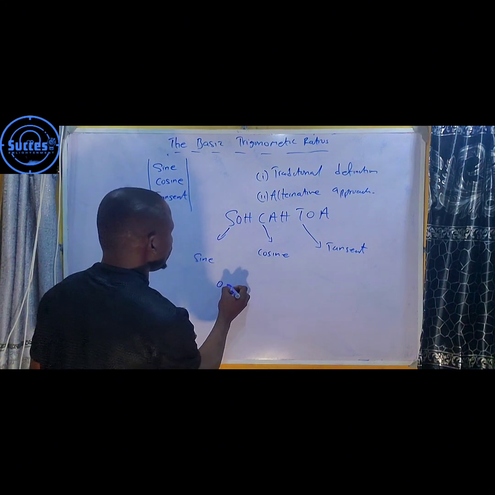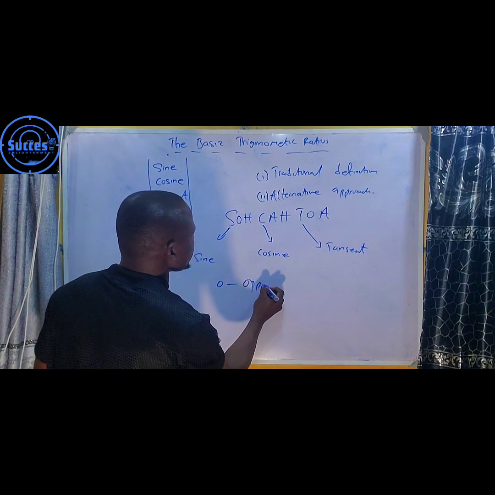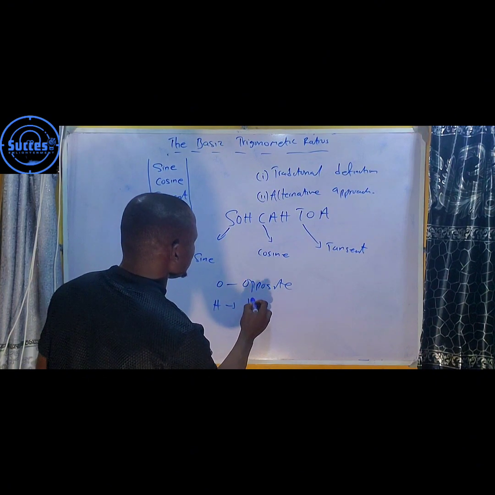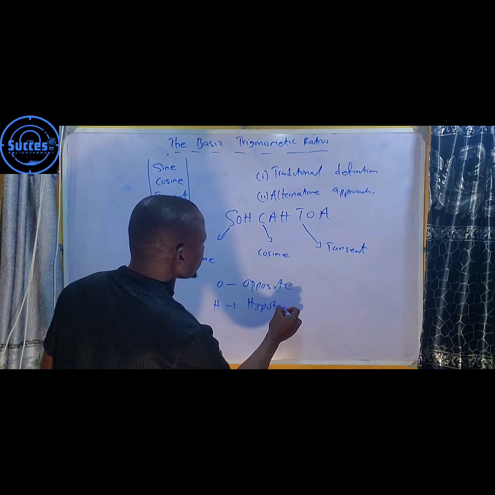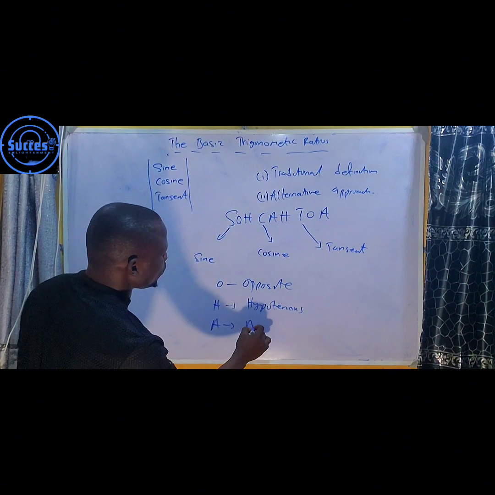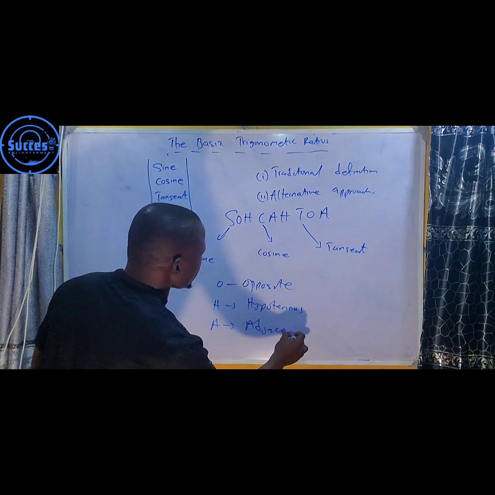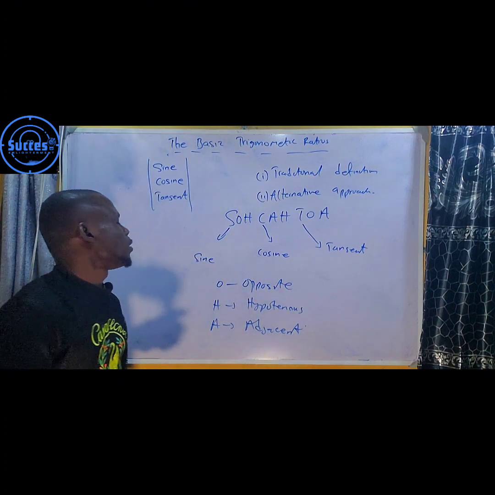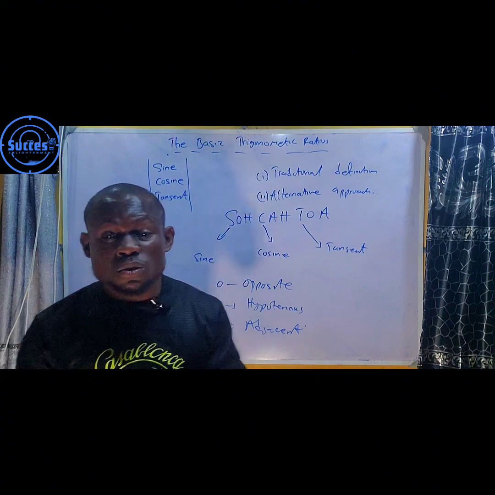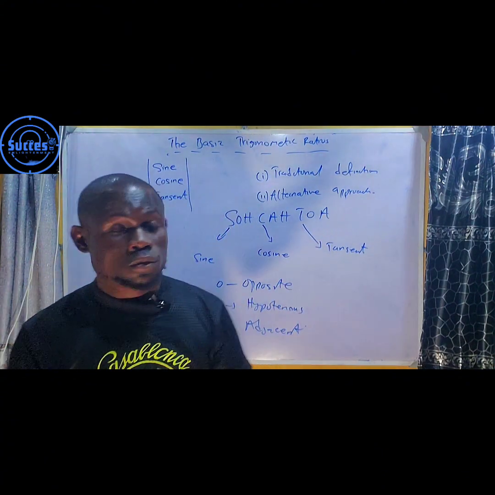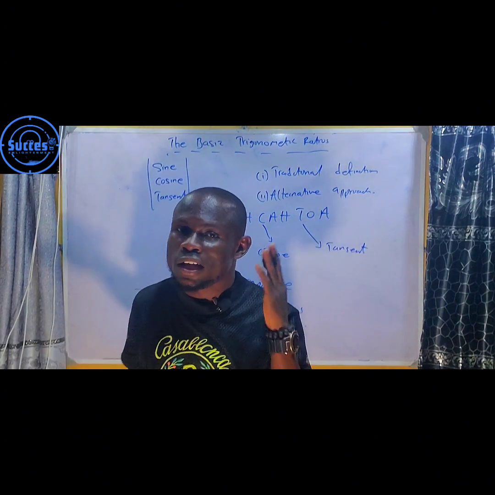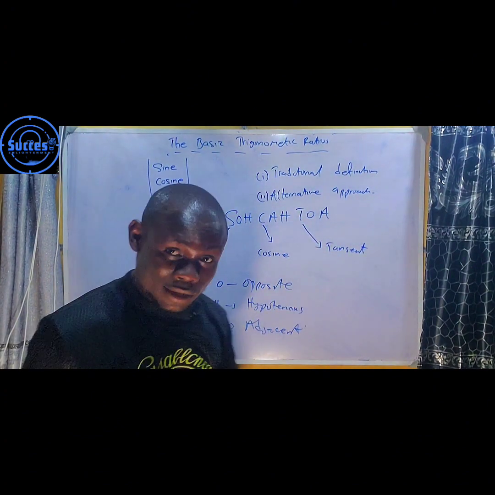O is opposite, H is hypotenuse, and A is adjacent. This is the traditional definition of the basic trigonometric ratios. You already know this; it's what you guys popularly use as SOH CAH TOA. Many of you used this in passing your WAEC.